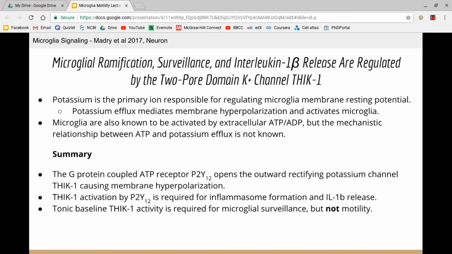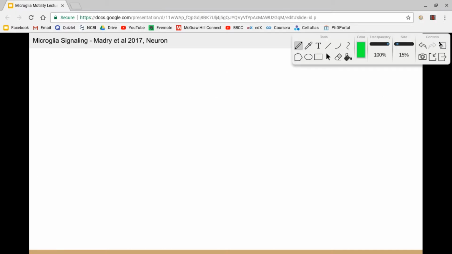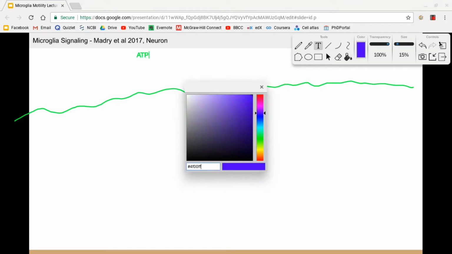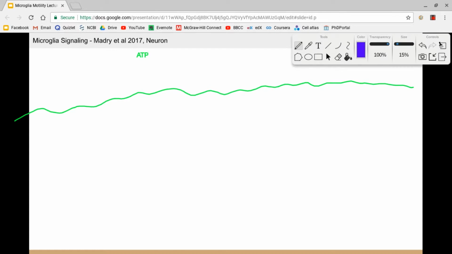So let's see if I can depict this suggested pathway in the next slide. Okay, so this is going to be our microglial membrane. The idea is that they're adding ATP to these microglia, activating them with ATP. How does that happen?